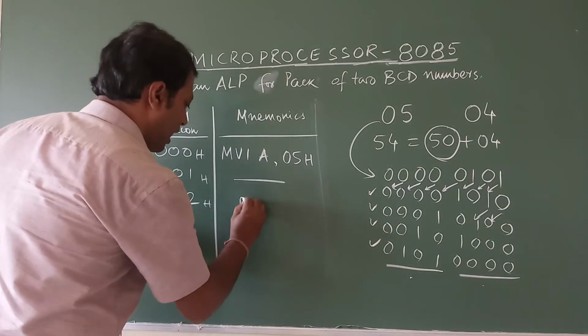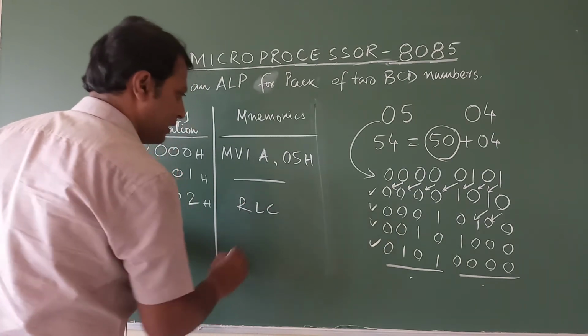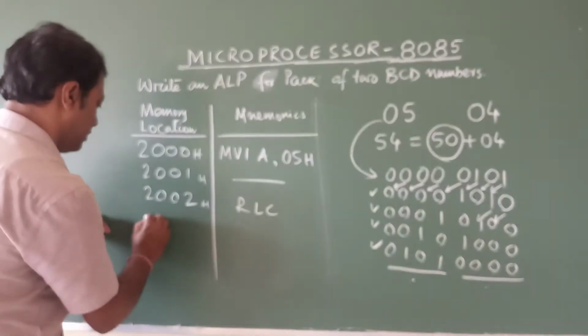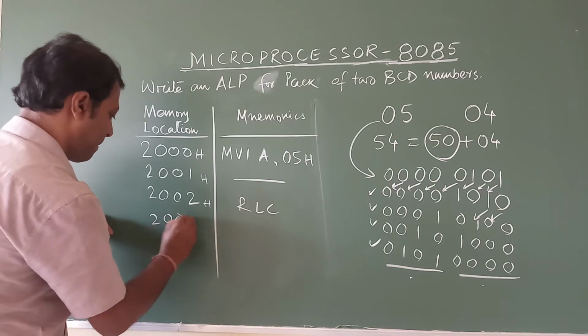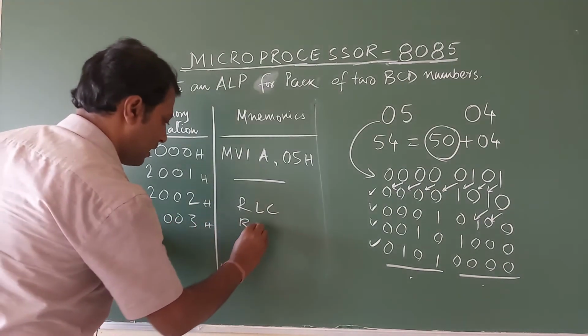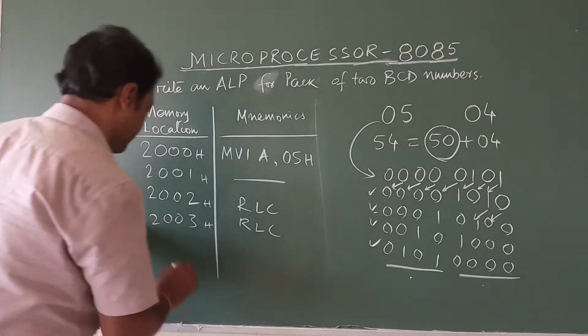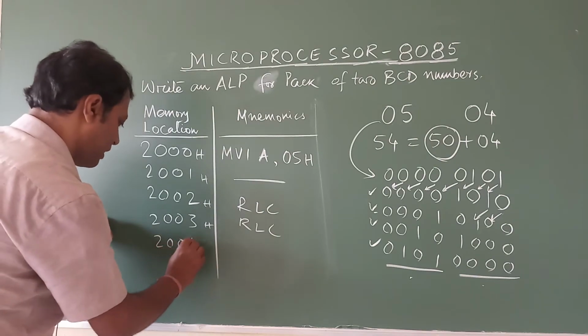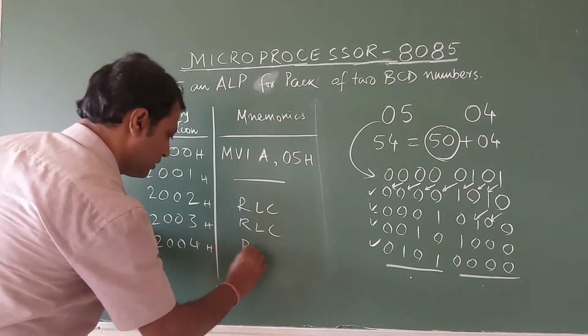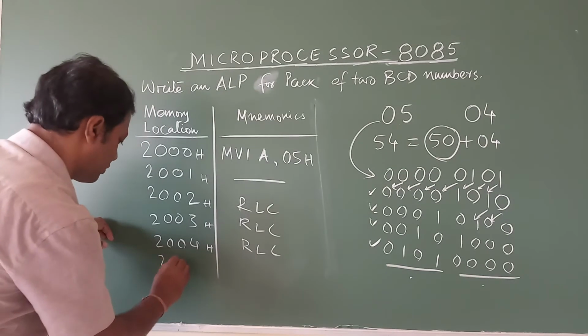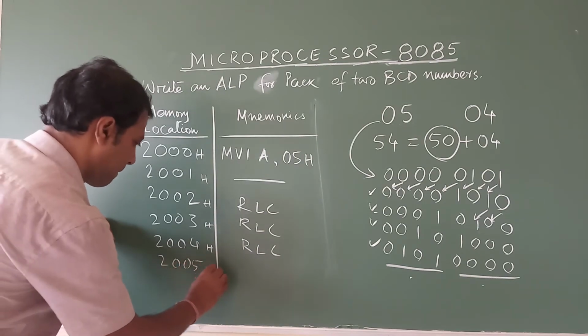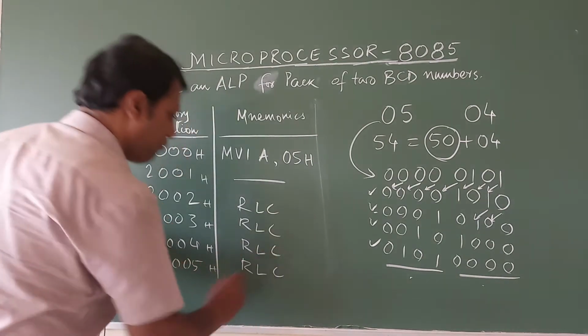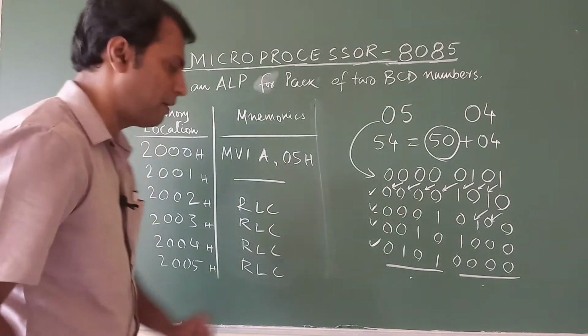Then RLC for this one. RLC is a 1-byte instruction, so it consumes a single memory location. 4 times RLC means it's completed.